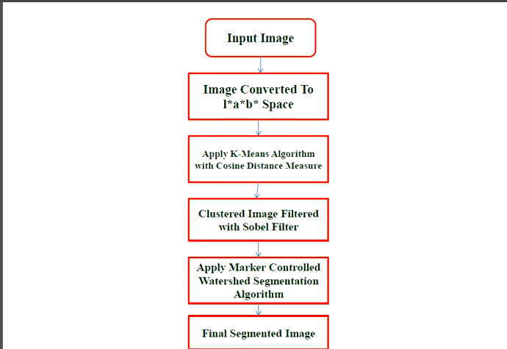Now we are applying the marker-controlled segmentation algorithm here. Why am I using the Sobel filter before applying watershed segmentation? Because watershed segmentation has a disadvantage of producing over-segmentation, which is its main problem.